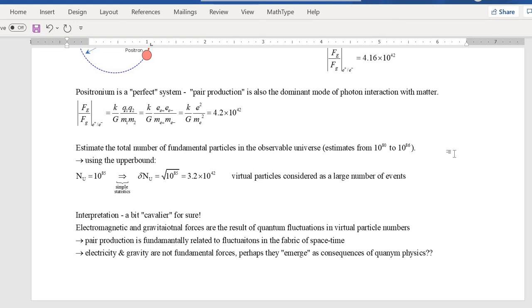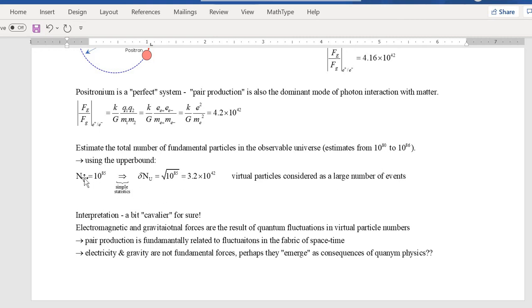Now, if you wanted to estimate the total number of fundamental particles in the universe, cosmologists have different ways of estimating the total number of fundamental particles in the observable universe. These estimates range from about 10 to the 80th to 10 to the 86. Now check this out.